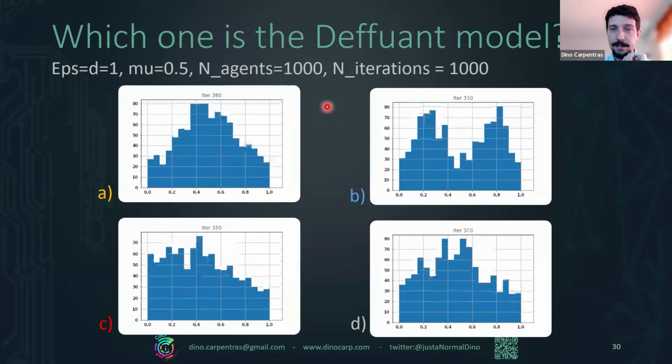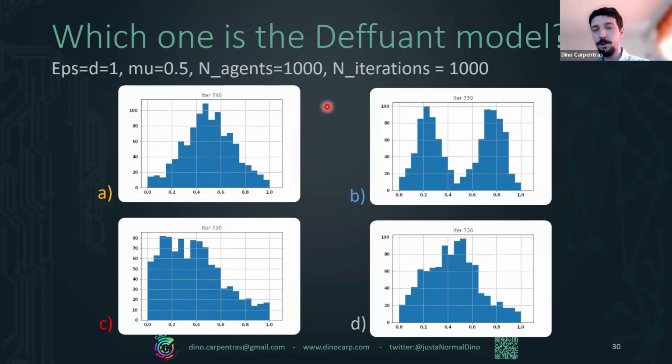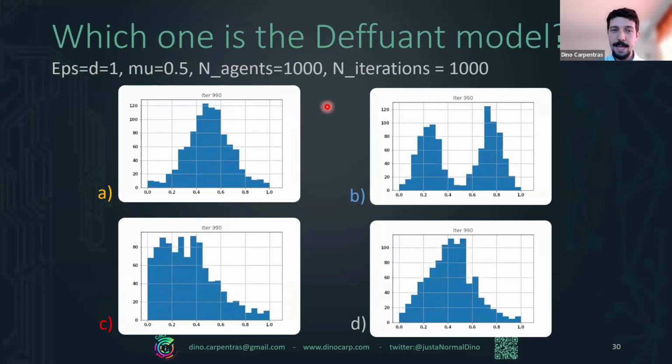And here, I hope the video quality is not terrible, but what you can see is that 4 different scientists will observe 4 different behaviors. In one case, everything converges to unimodal. In this case, it converges to bimodal.